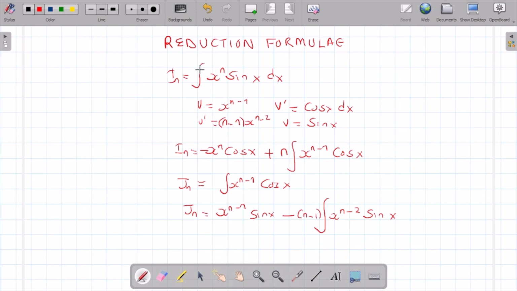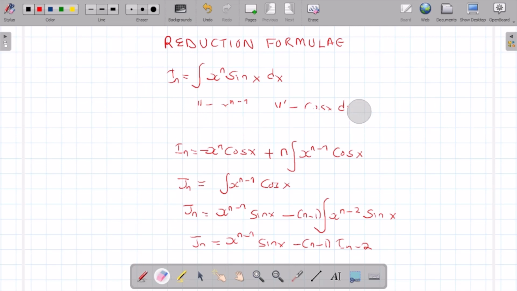Now, if you compare it to I of n, we have that J of n is equal to x to the power n minus 1 sine of x minus n minus 1 times, now this is I n minus 2. Great. So now, what is our I of n? Our I of n is going to be equal to, now it is positive n, positive n multiplied by J of n.